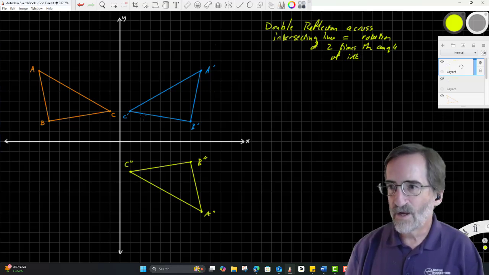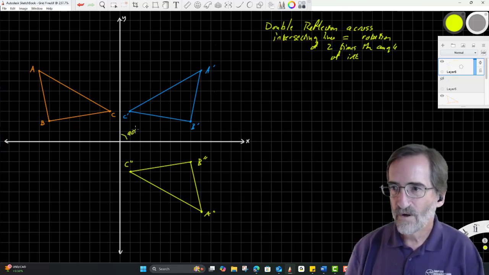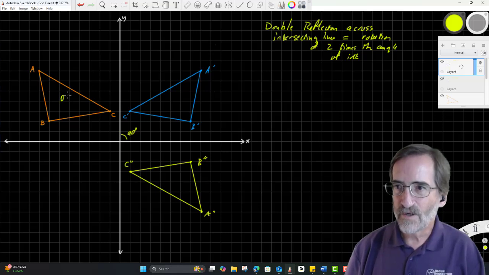In this case, the angle of intersection is 90 degrees, and this has been rotated 180 degrees.